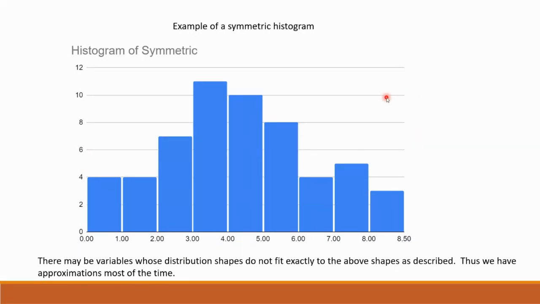And lots of data sets out there, if you were to make a histogram of them, will fit certain distributions. So instead of studying each data set individually, you could just say, well, this looks like this distribution. Let's study that.